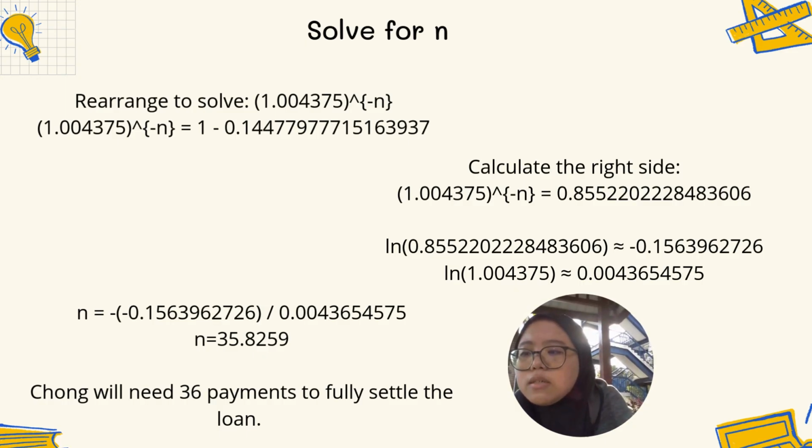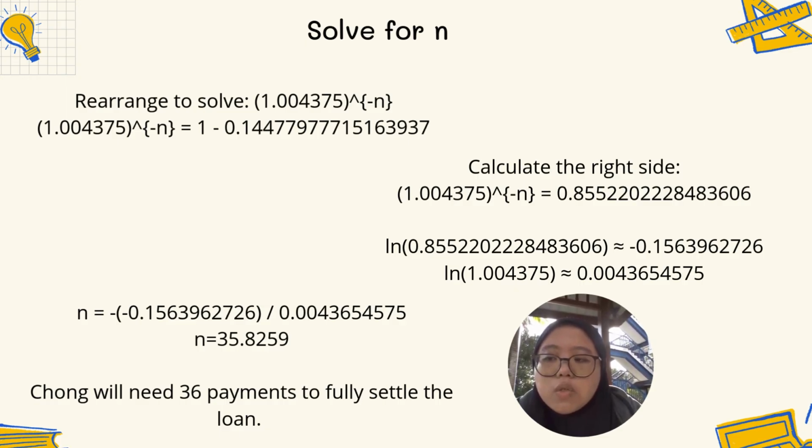Next, n equals (negative 0.153) divided by 0.0043654575, and the n that we get is 35.8259.